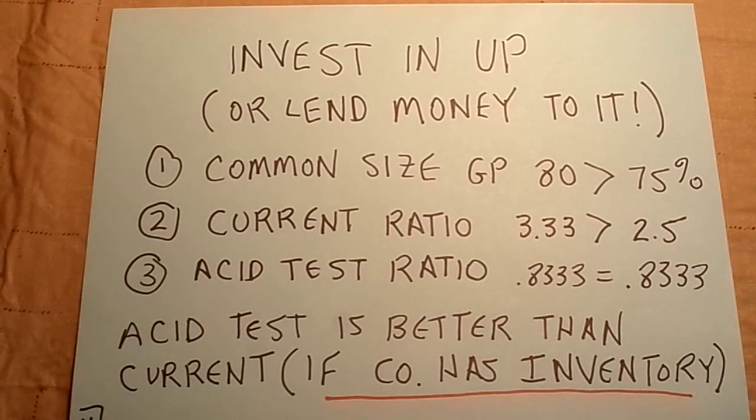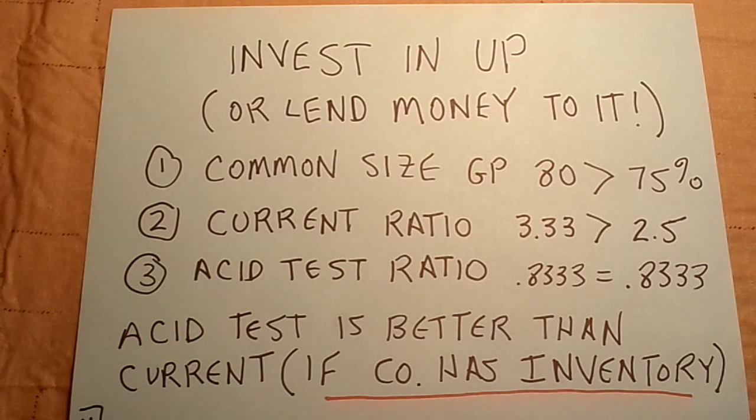Well, let's summarize. Which company's a better deal? Which company should an investor buy stock in? Which company should a banker lend money to? And so on. So based on common size gross profit, up is better than down. 80% was better than 75%.